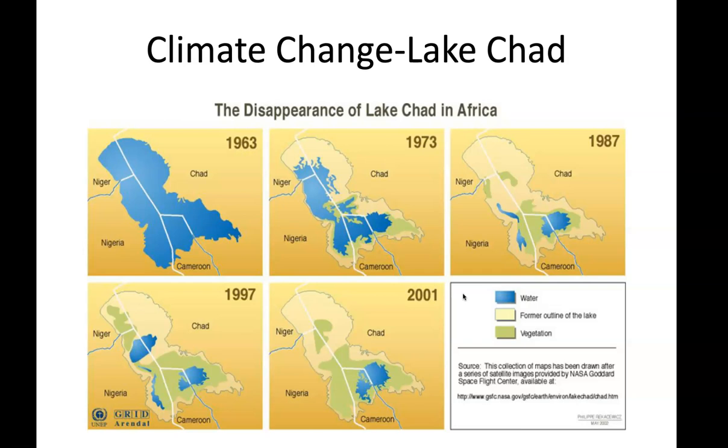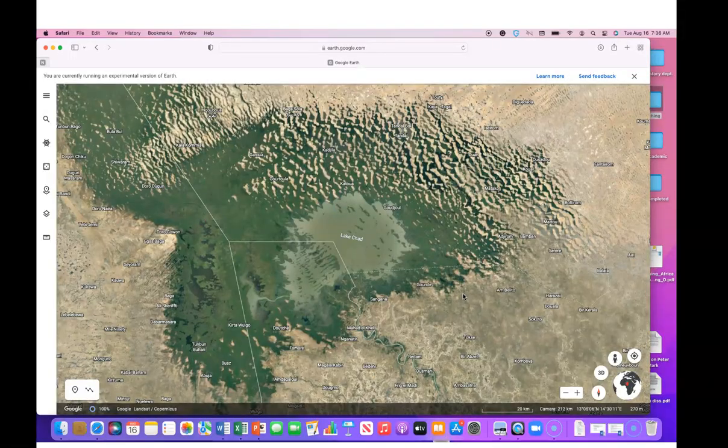By 1987, it looks like it's almost gone. 97 bounces back a little bit. 2001, it's a shadow of itself. Okay? And if we look to today, and I mean today, because just this morning I went on Google Earth, pulled up an image of what Lake Chad looks like today, and this is what it looks like. There's almost no water at all. That's all vegetation. The lake is virtually gone.